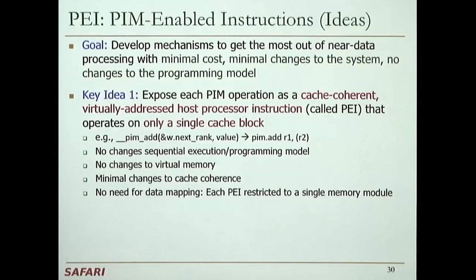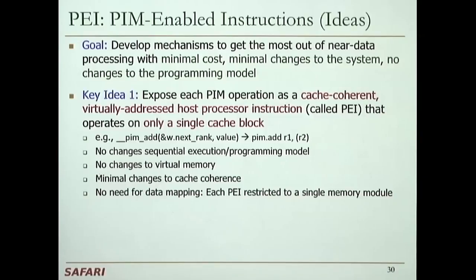There's no change to the cache coherence. Remember, in the Tesseract case, we didn't really deal with cache coherence. We said you offload all your graph on this accelerator, and everything operates on physical addresses, and this is message passing based, right? There's no coherence over there.